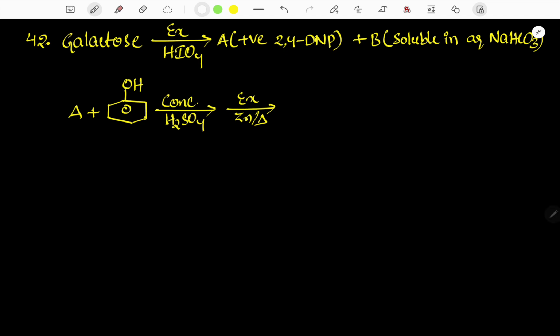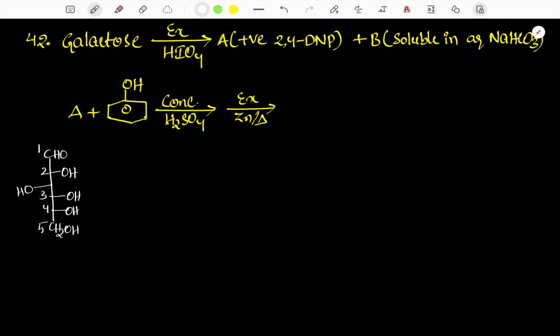Galactose is treated with excess of HIO4. So galactose. First I will write glucose. OH group, OH group, OH group, OH group. It is D plus glucose. And we know that glucose and galactose differ at the fourth carbon.